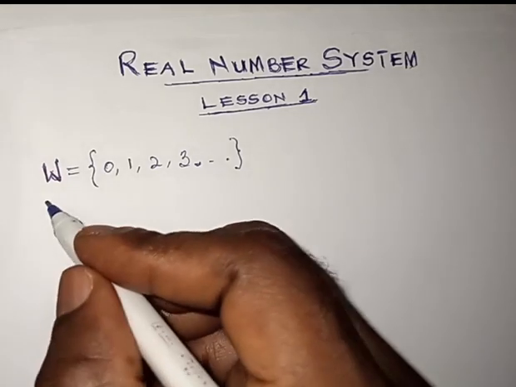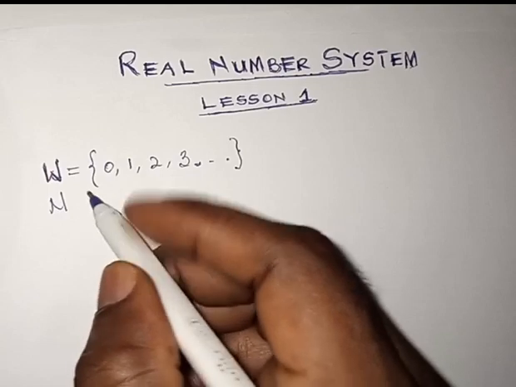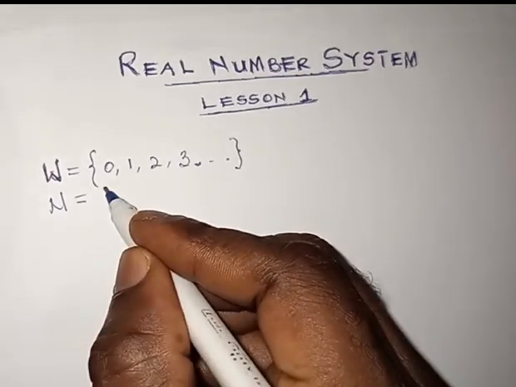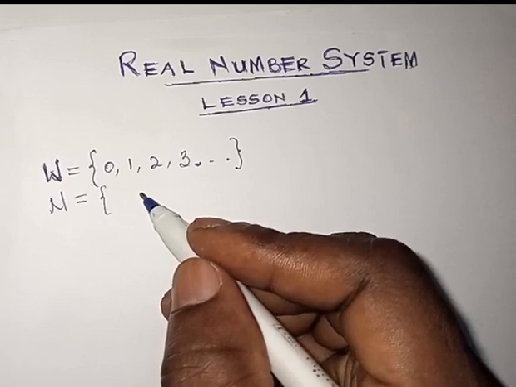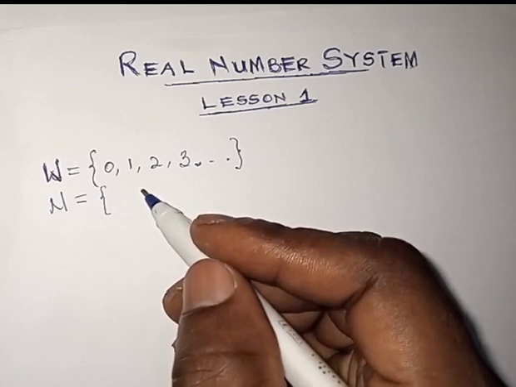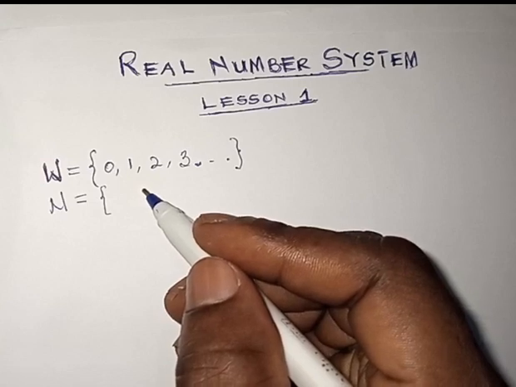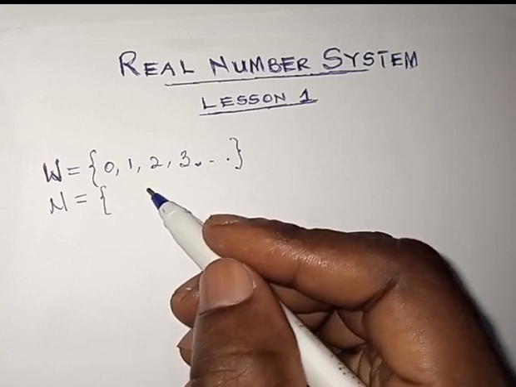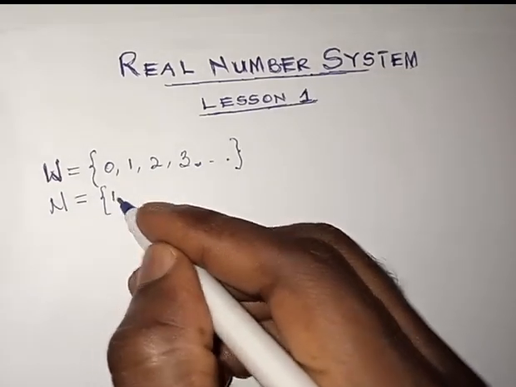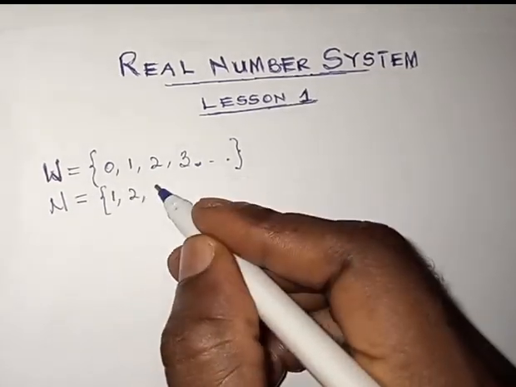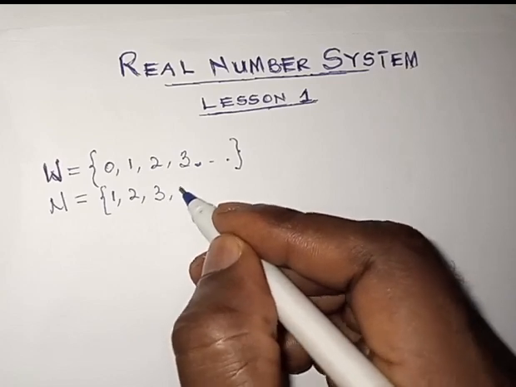All right, so let's also list some examples of natural numbers, which are also called what? Counting numbers. And we also said that in JHS, natural numbers start from 1 to infinity. So I'm just listing them.